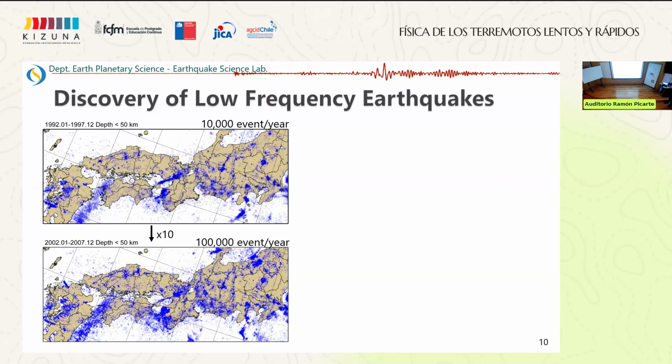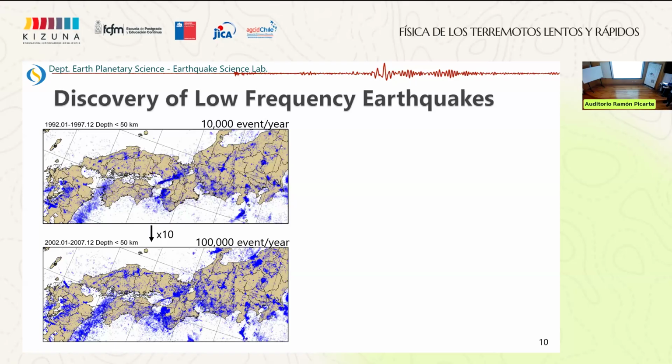As explained, we improved the seismic observation system pretty much between these two periods, so the number of events increased 10 times. This is 1,000 events per year, and this is 100,000 events per year.